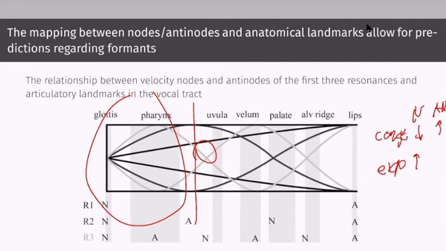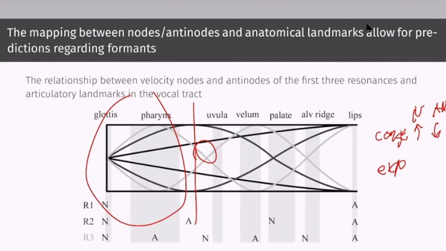Sorry, I just told you exactly the wrong thing. I just realized. Okay. Forget what I said before. I was faster than I was thinking. So if you have a constriction at a node, the resonance goes up. If you have a constriction at an antinode, the resonance goes down.